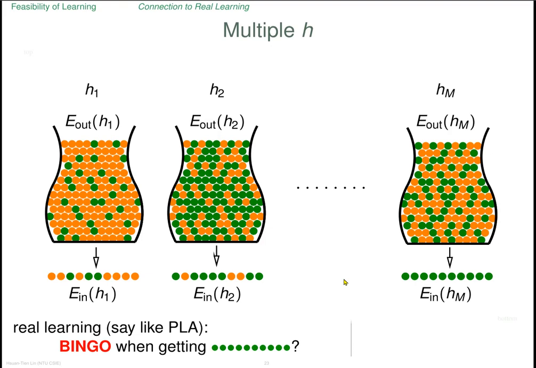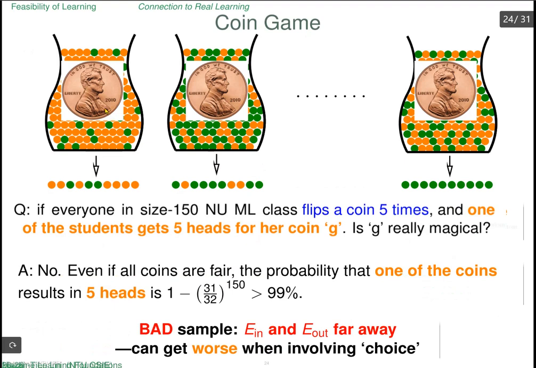Let's take one example to clarify why selecting this hypothesis is not a valid choice. Let's consider a coin flipping game. Instead of green or orange marbles, think that we're flipping a coin, which has the same binary outcome, so green or orange marbles represent heads and tails.